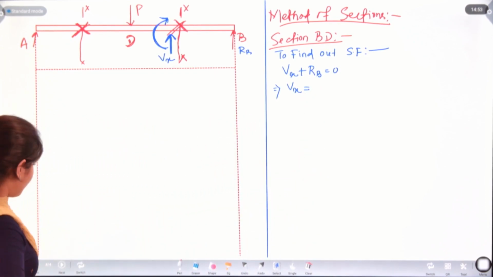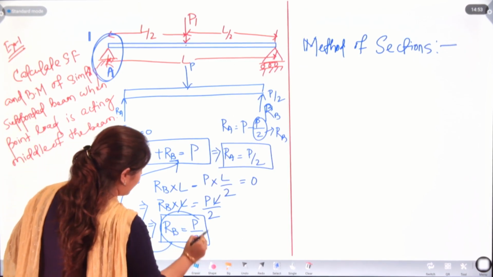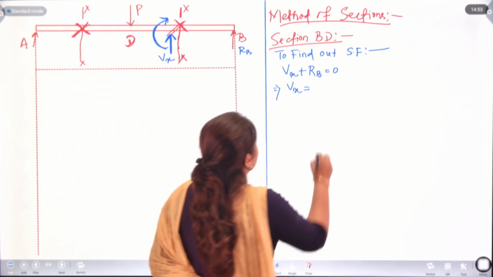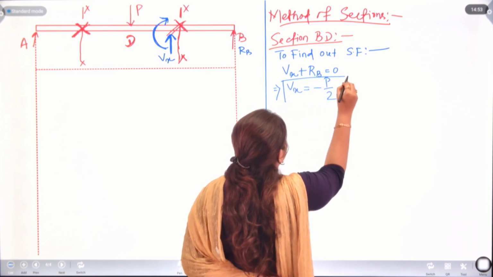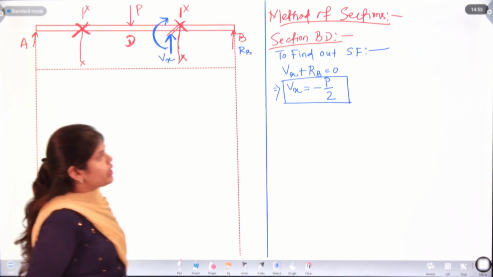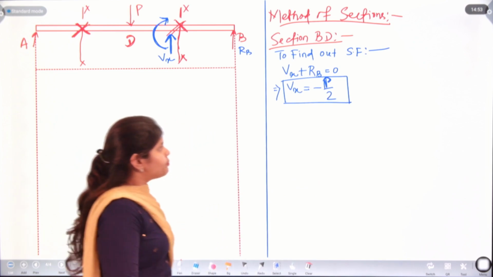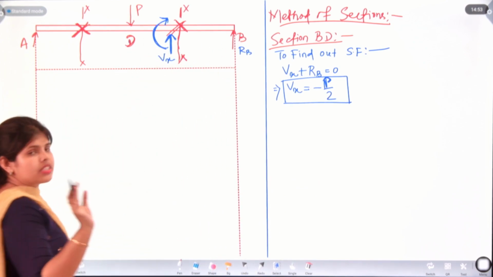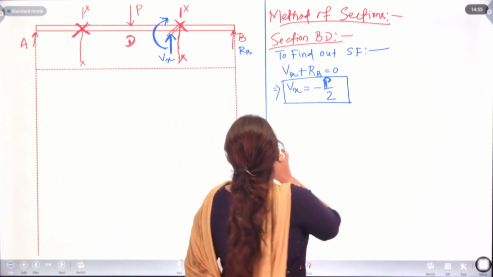That means Vx is equal to Rb. We have already found here that Rb is P by 2. So, Vx is equal to minus P by 2. You can see the whole P by 2 is totally dependent on force. So, at any section D to B, we will have the same value of shear force, that is minus P by 2.